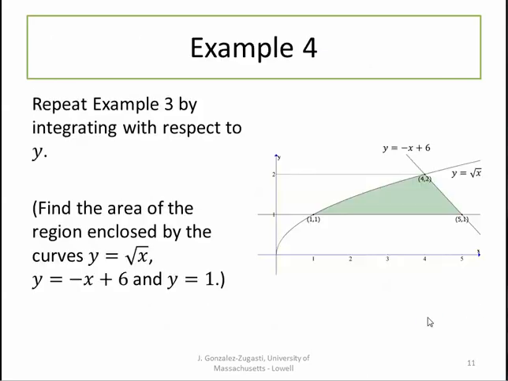So let's use that to redo the previous example, but this time integrating with respect to y. So the problem was find the area of the region enclosed by the curves y equals the square root of x, y equals negative x plus 6, and y equals 1. All right.